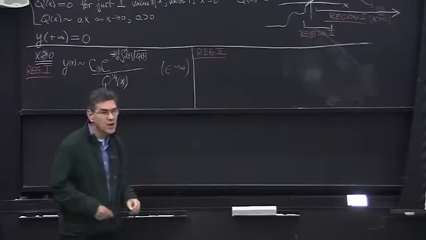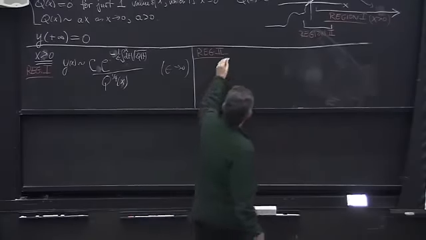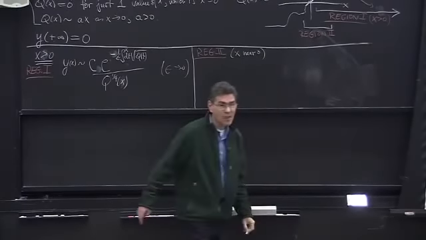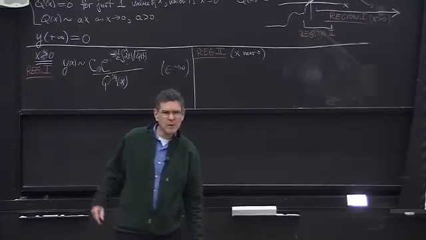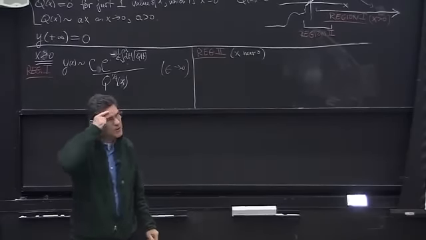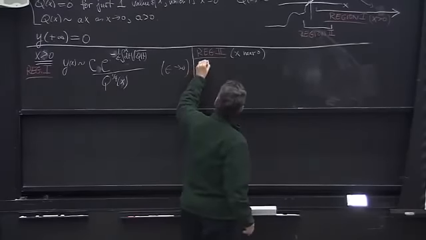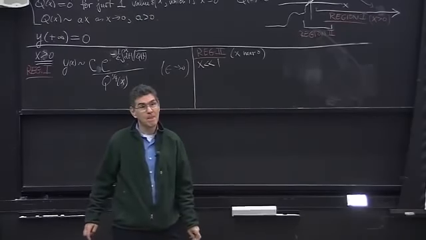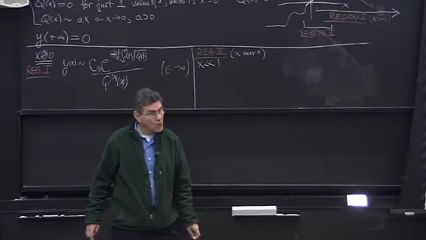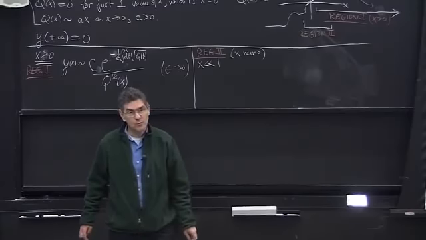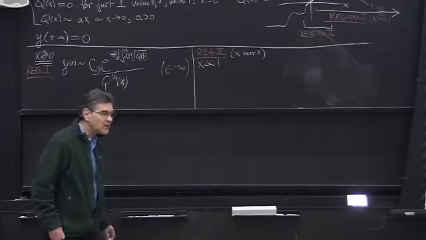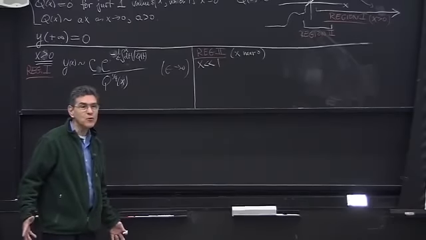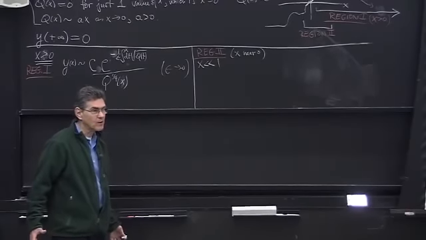In this region, when x is near 0, what do I mean by x near 0 exactly? I mean x is small compared with 1. Very small compared with 1. What do we mean by that? Well, what can we do when x is small compared with 1?